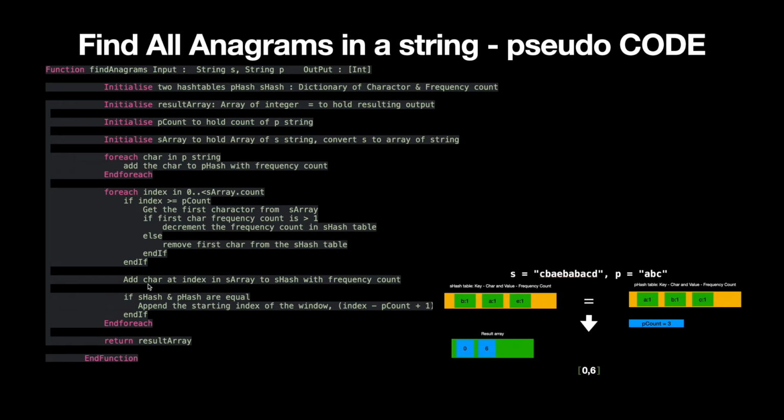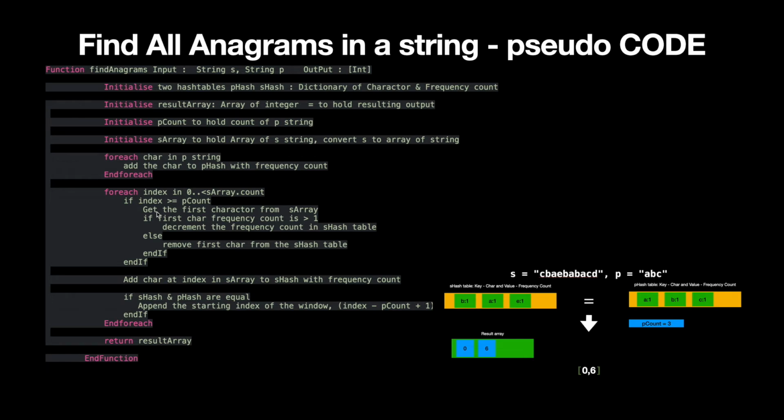And similarly we'll be inserting C, B, A in this S table, and as soon as the index has reached the P count, which is 3, right? Once it has reached the P count, in the next loop it has to go to the next window, and C, the last character, has to be removed.